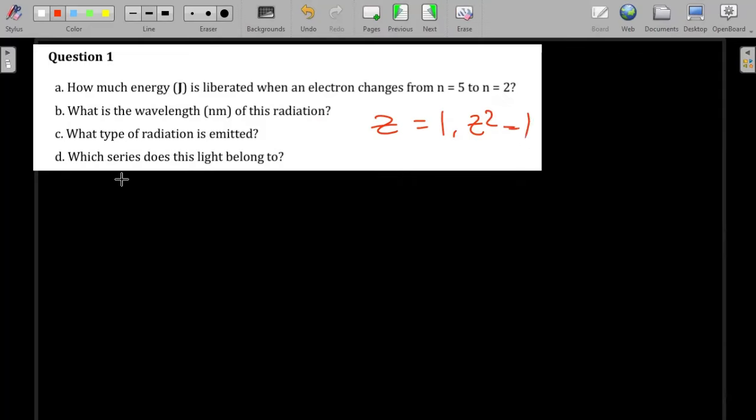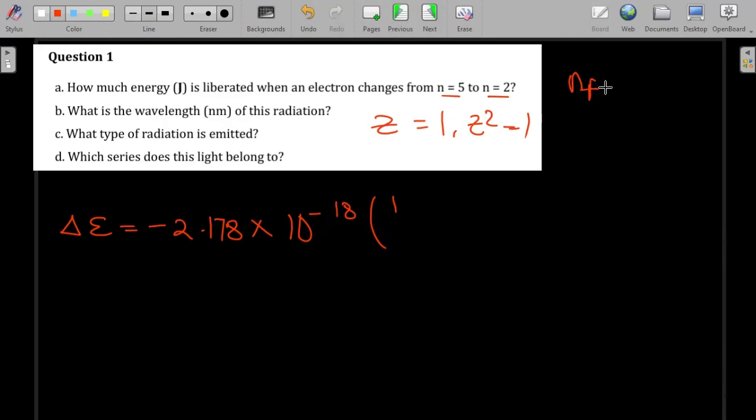So the energy liberated, or the change in energy, from N5 to N2 will be given by minus 2.178 times 10 to the power minus 18, and then 1 over. Here we are coming from 5 to 2, so my n final is 2 and my n initial is 5.